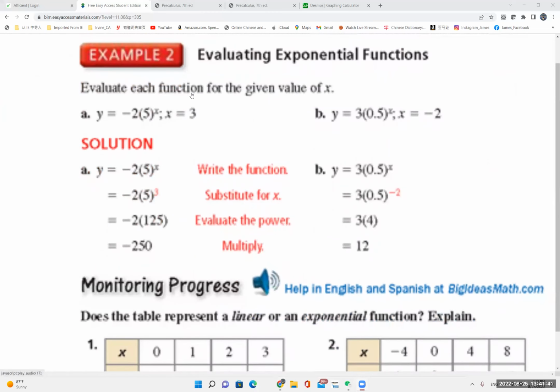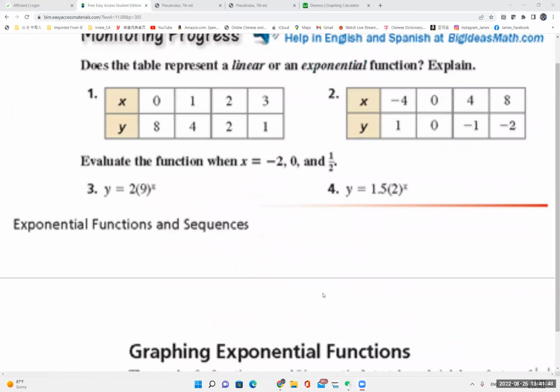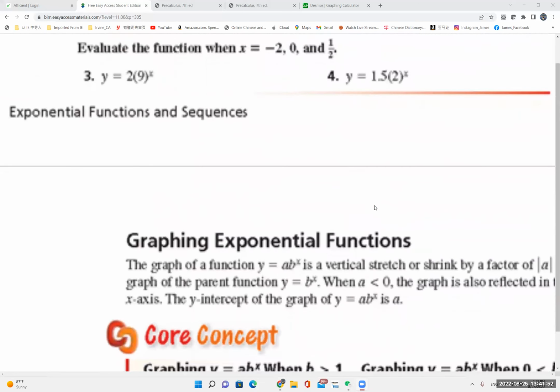Evaluate each function for the given value. Okay, I'll let you do one. Can you do problem 4 for x equal to -2?